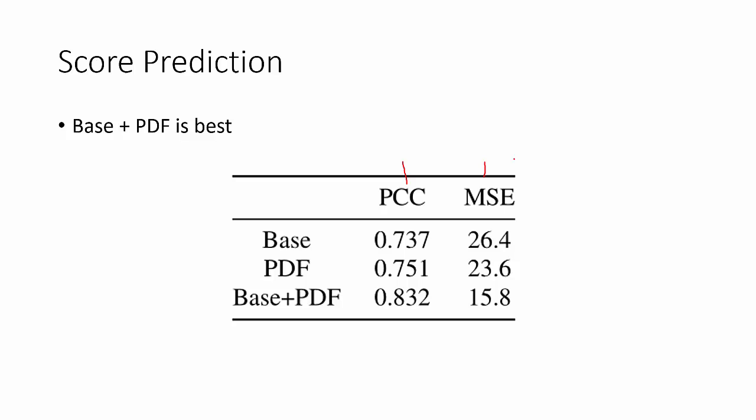Since this is a regression task, these are pretty common error metrics. MSE is lower is better, and PCC is higher is better. They found that the best performing model is the baseline plus the phone distance features, and this makes sense because they're using all the features, and all of the features are kind of important for determining the score of the pronunciation.